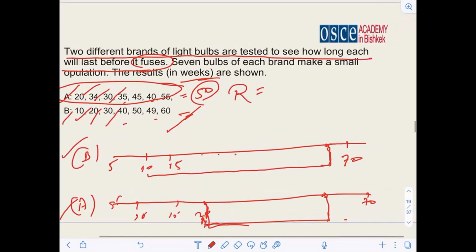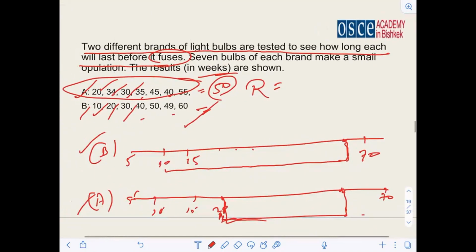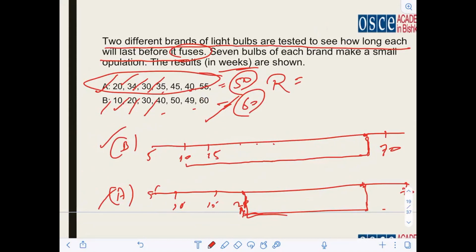So on average, you may say that company B tends to perform well, because this says the bulb can last up to 60, which is the average. But when we look at the range, we find that it actually has more variation. Then we have the coefficient of variation, which says that standard deviation is divided by mu, or if we have a sample, then standard deviation divided by mean.